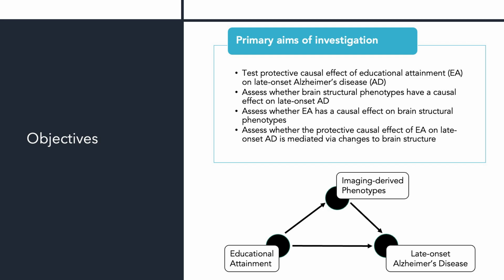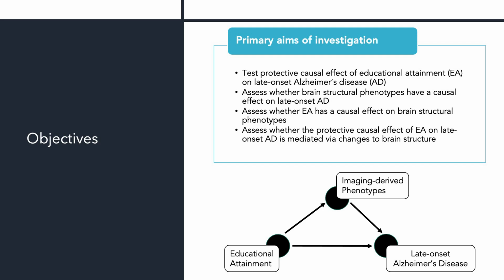So we wanted to test this model, whether educational attainment has a causal effect on dementia, and assess whether this was mediated through brain health. And the way we could measure brain health was just through brain scans. I mean, there are other ways you could measure brain health, but this is a direct way.